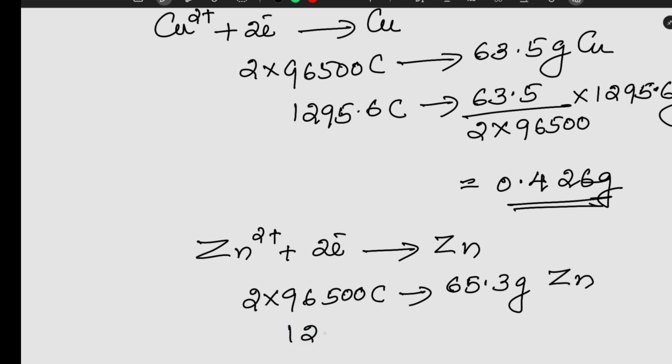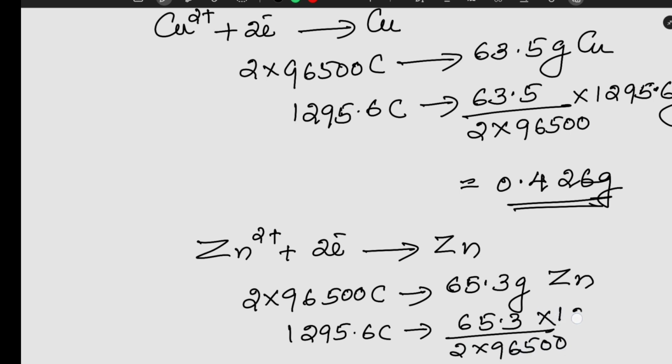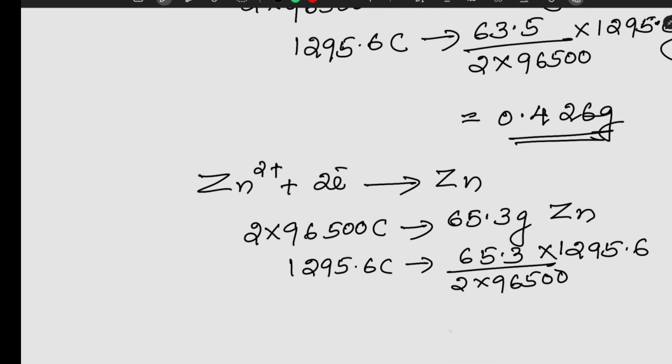So by passing 1295.6 coulomb, we will get 65.3 divided by 2 into 96,500 into 1295.6. That is equal to 0.438 gram zinc we will get.